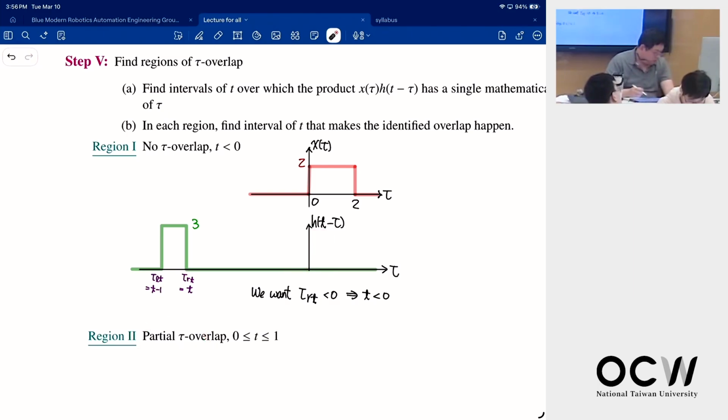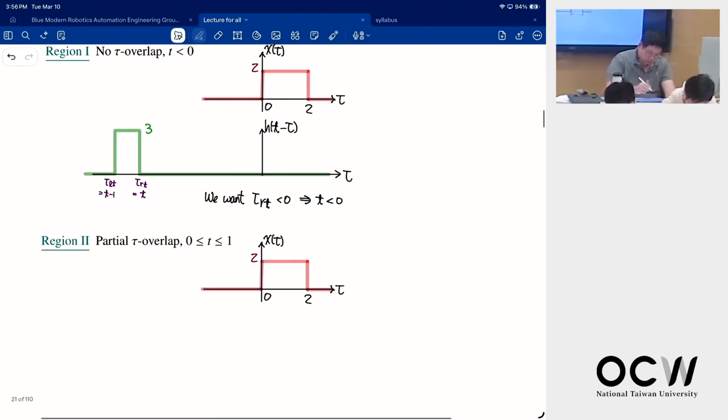When we have a partial tau overlap, part of the signals overlap.